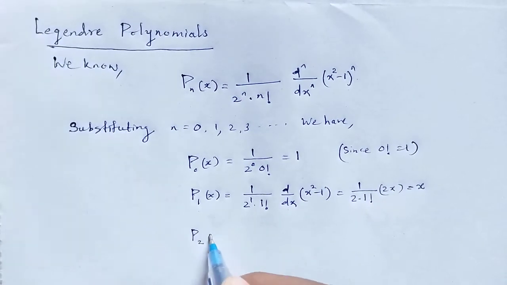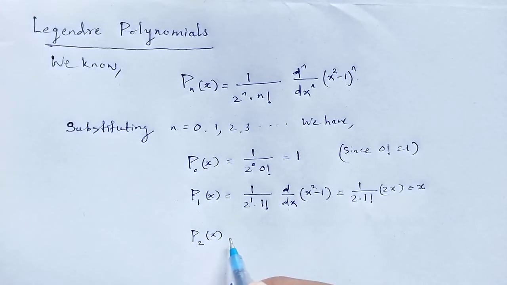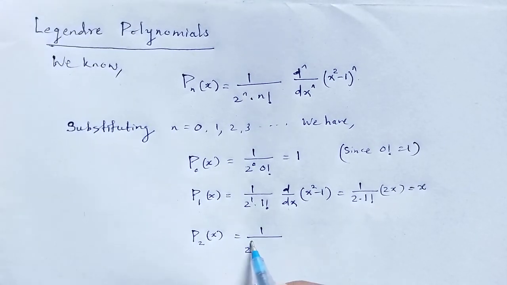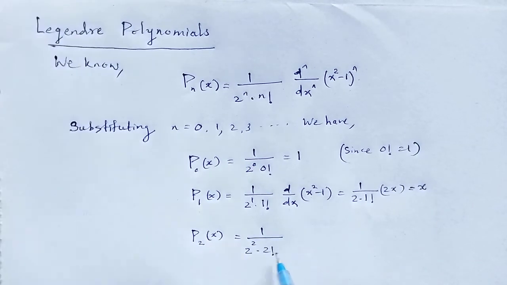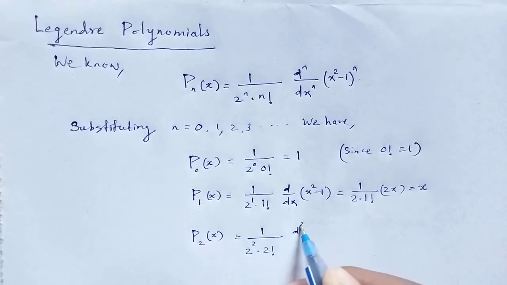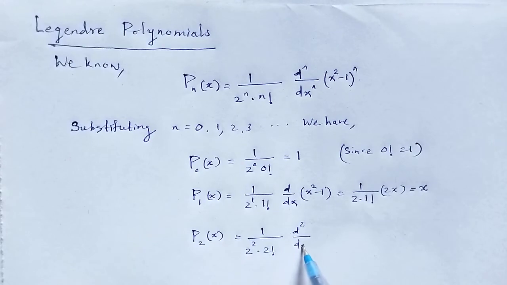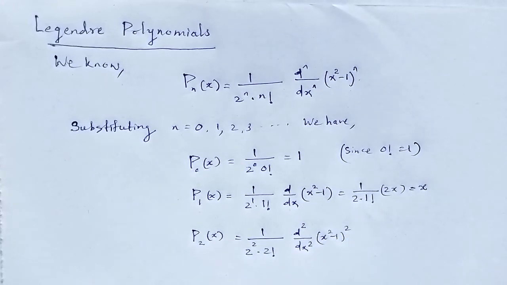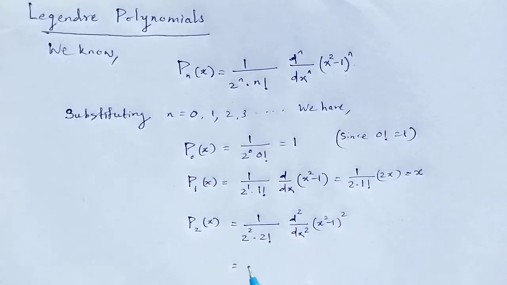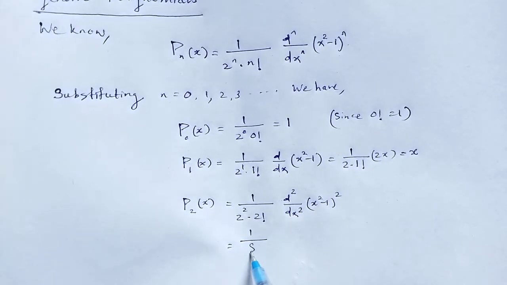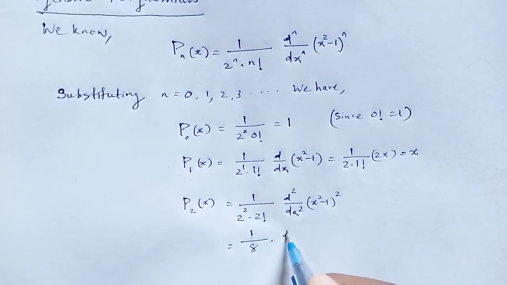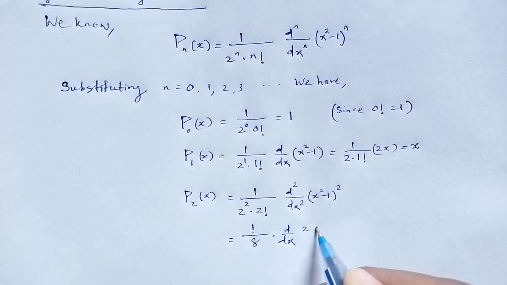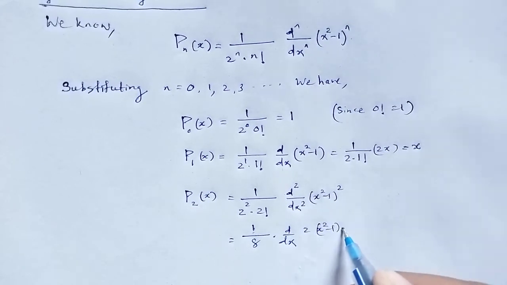Then P2(x) will be 1 by 2^2 into 2 factorial d^2/dx^2 of (x^2-1)^2, is equal to 1 by 8 into d/dx of 2 into (x^2-1) into 2x.